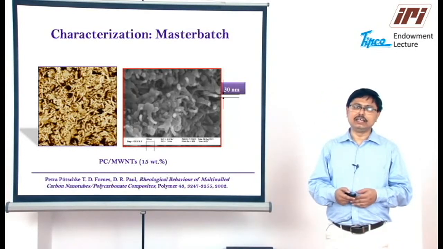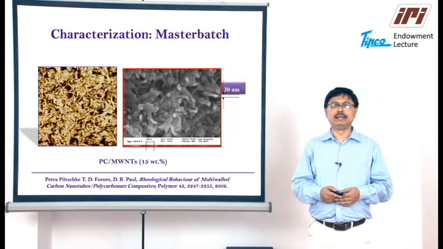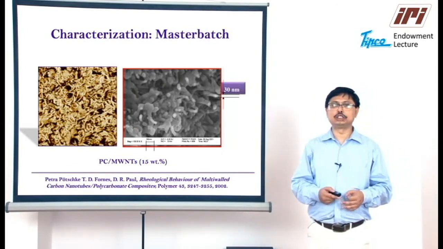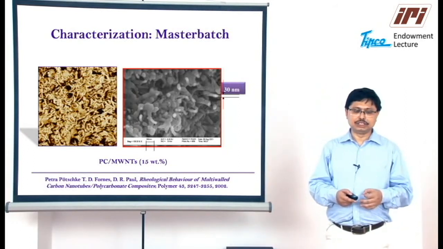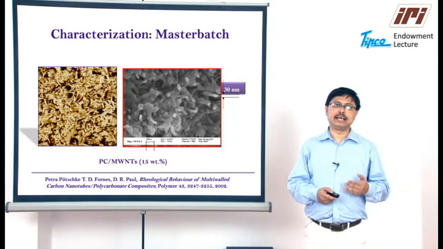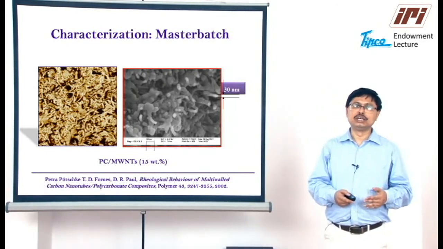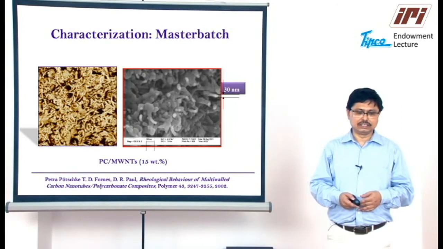Subsequently, through ACM microscopy, one can also find that there is a thick layer of polymer on the nanotube surface, showing a final diameter of almost 30 nanometer, whereas the nanotube diameter was close to 20 nanometer. That shows polymer nanotube interaction in these composite materials.